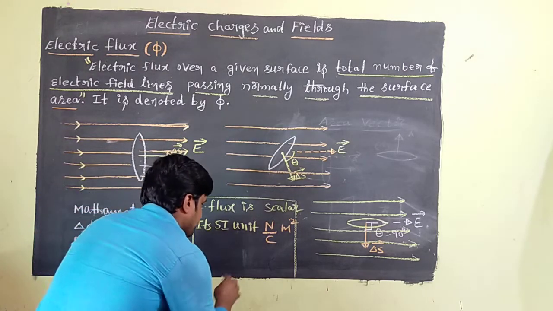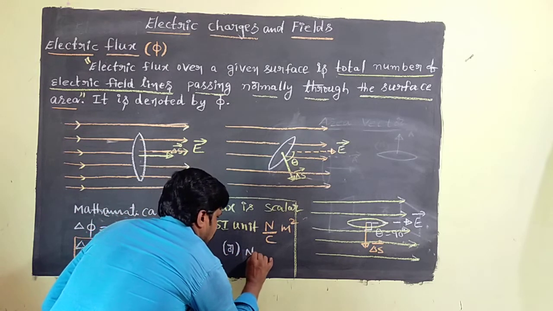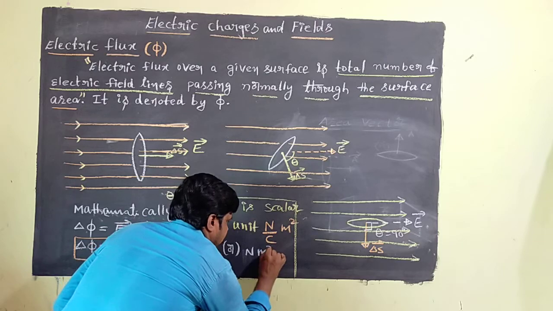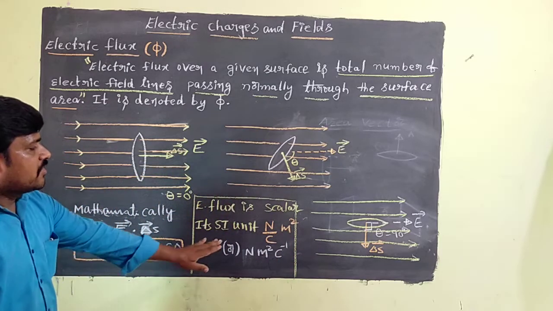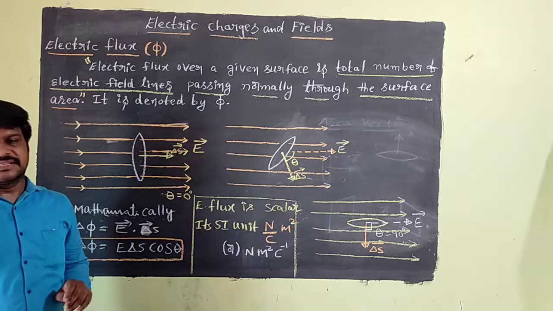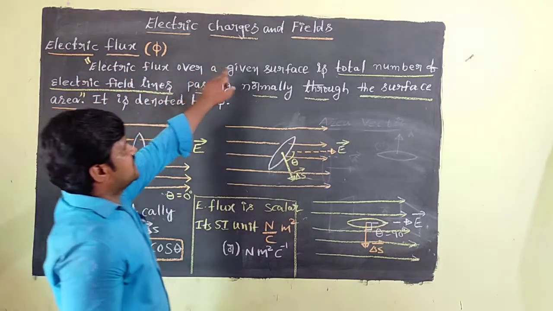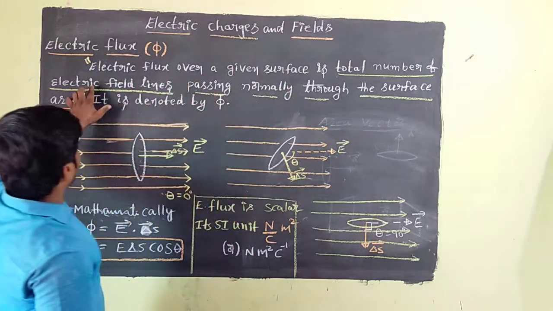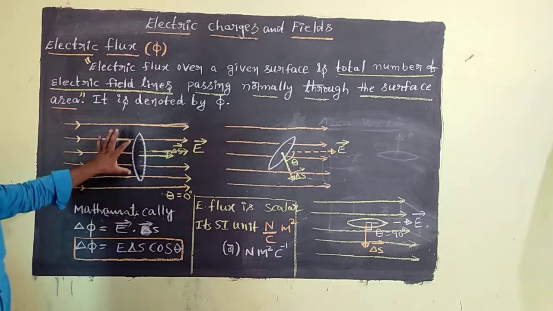That means, simply, I can write Newton meter square coulomb inverse. Coulomb is the unit of charge. Now this is nothing but electric flux. Once again, electric flux over a surface is the total number of electric field lines passing normally through the surface area.